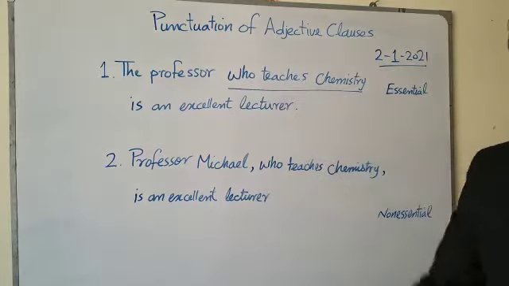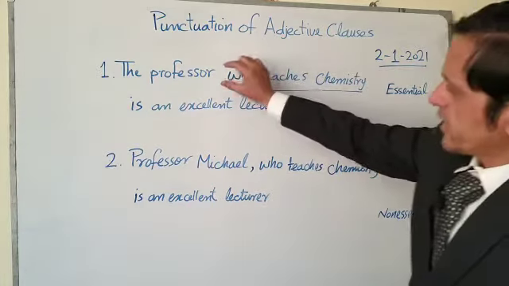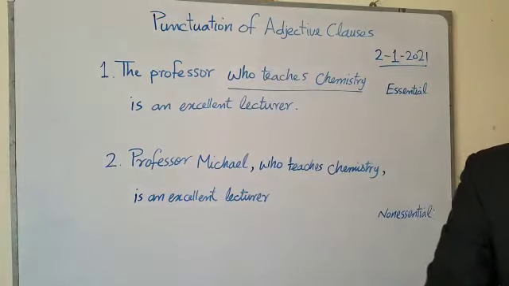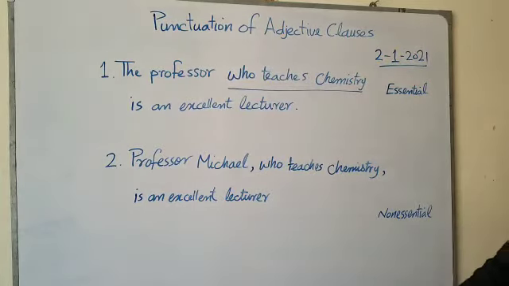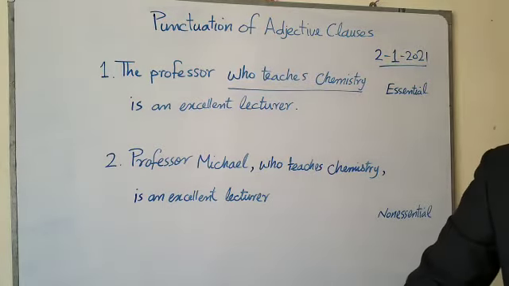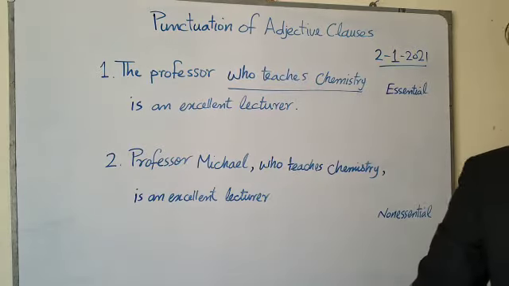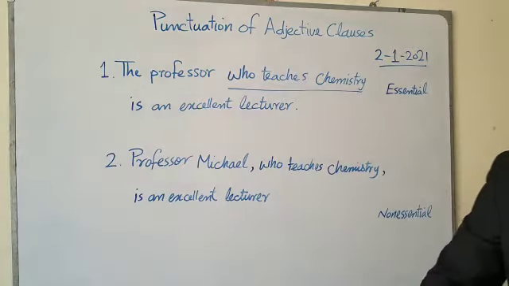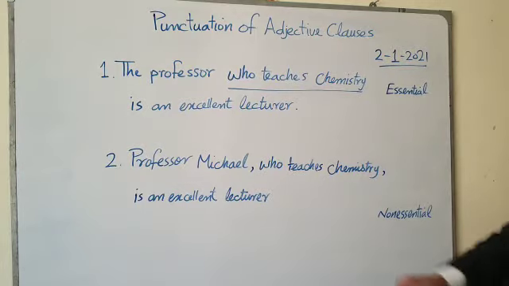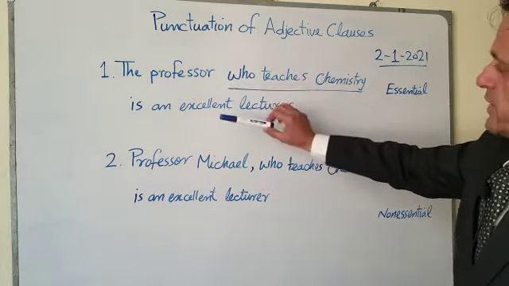So here we do not need to write a comma. Whenever an adjective clause gives some basic information about the noun which it modifies, we do not use a comma.